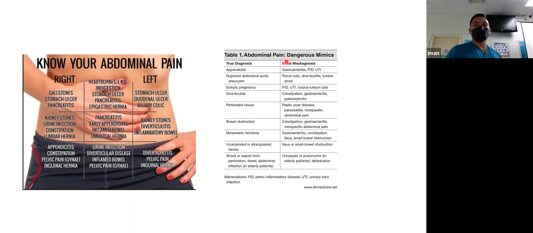Okay, so you can see initial misdiagnosis and also true diagnosis. Sometimes we are thinking of gastroenteritis. But then patient actually the true diagnosis is appendicitis, right? Patient ada constipation, ada pyelonephritis, that's our initial thought. But then patient actually true diagnosis is diverticulitis. So these are the dangerous mimics lah. I think this is very often happen. Our initial diagnosis is different from the true diagnosis.